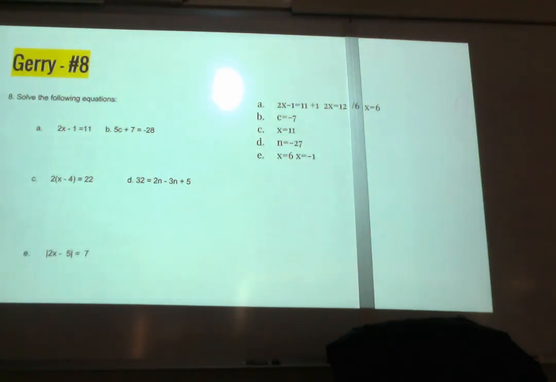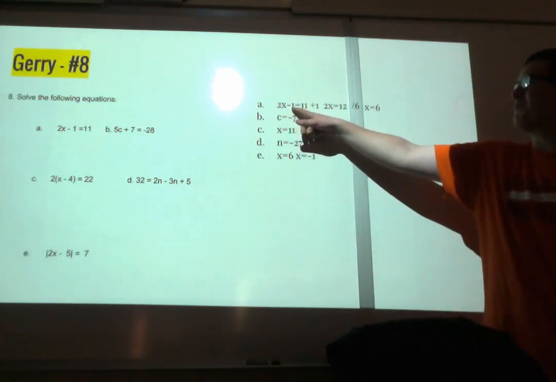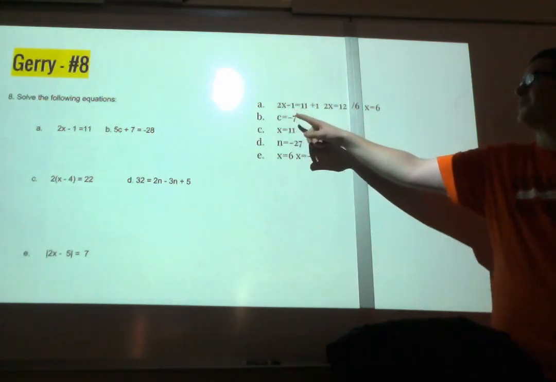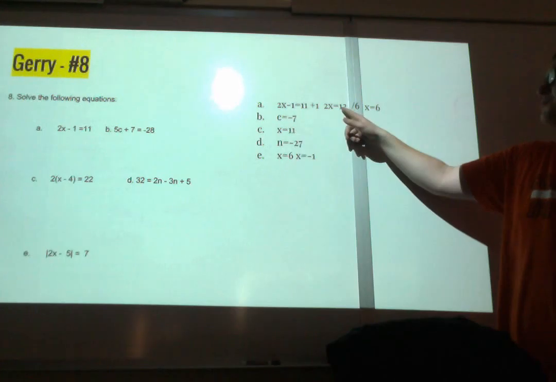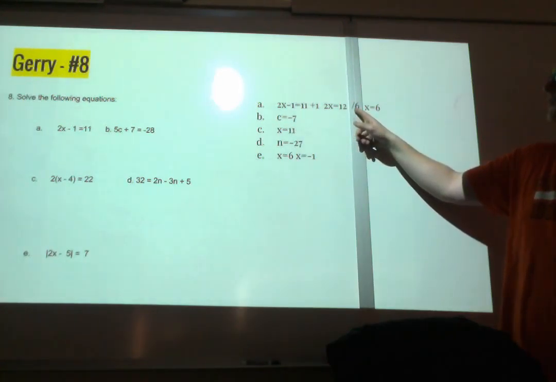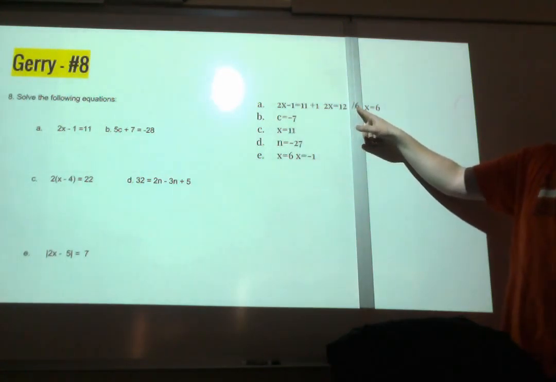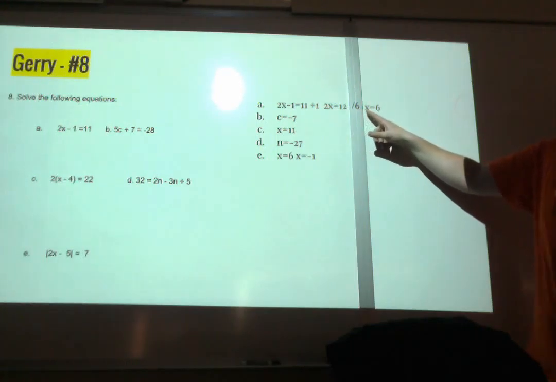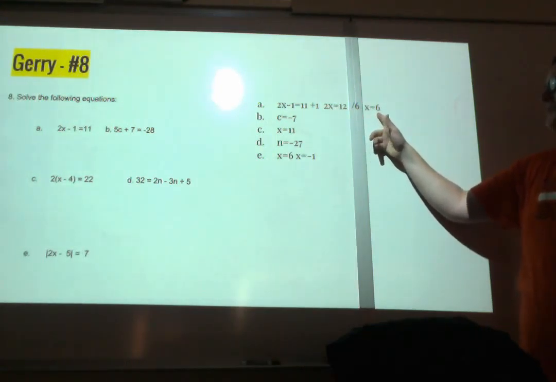Jerry had 5 problems in one. He's showing the worked out version for one of them, but answers for the others. Okay, so for this one, you add 1 to cancel out that one to get x by itself. Then you get 2x equals 12. Divide both sides by... Oh man, I screwed up. That's supposed to be a 2. Yeah, that's okay. And then you get x equals 6.